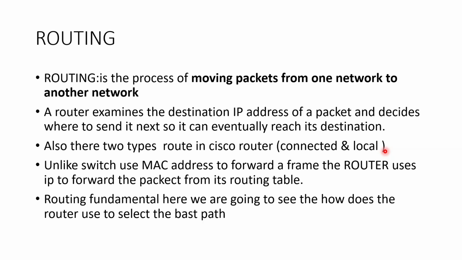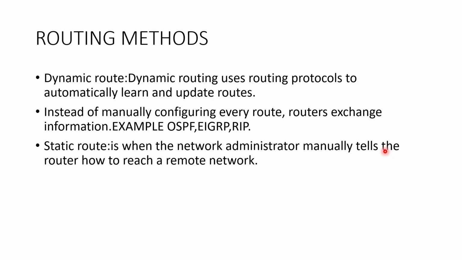But here there is another thing that we're supposed to know, which is routing method. There are a couple of methods that are used by the router to forward a packet from one network to another network. The first method is dynamic routing. Kwa kupitia dynamic routing, it is a routing protocol ambapo hizo router zinakuwa automatically learn and update themselves hizo routing.